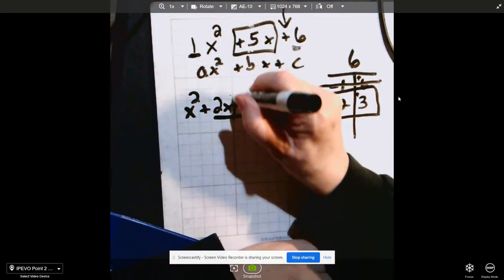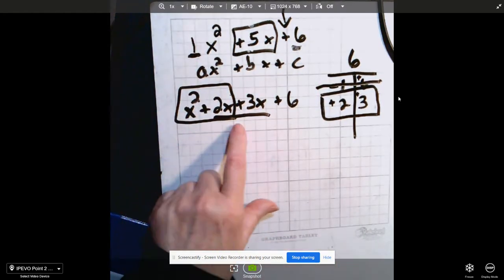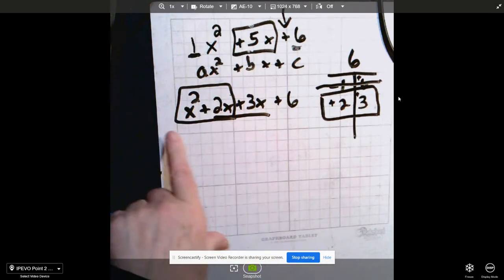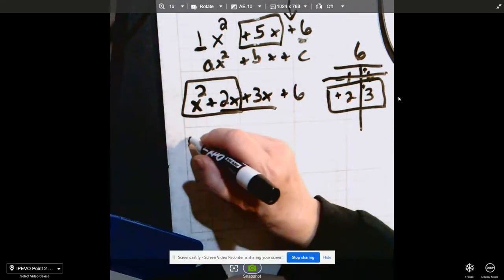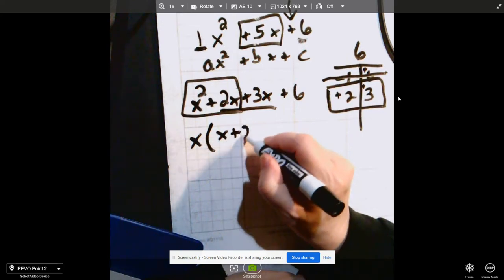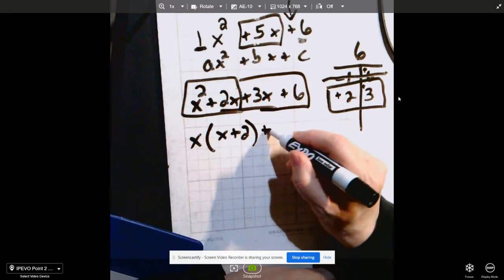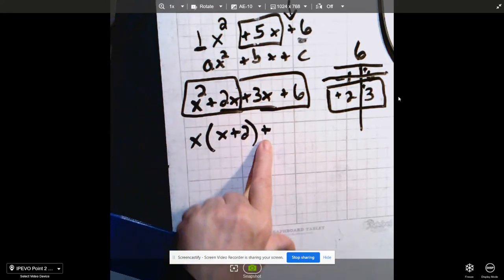Now I'm going to do what we did when we did grouping. I'm going to take a look at those first two terms, and I'm going to say, what can I take out of there? Well, they don't share a number, but they both share an x, so I can take out an x. When I do that, I'm left with x plus 2. I'm going to take a look at the next two numbers, and if this is a plus, this will be a plus.